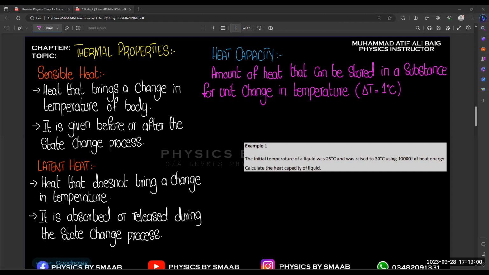We are providing less heat to the solid, that is the metal spoon, and more heat to water. So why does water require more heat, and why do metal spoons require less heat?